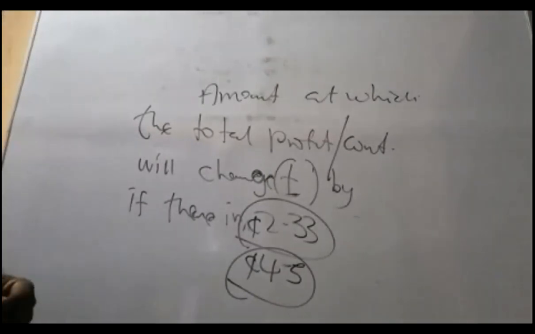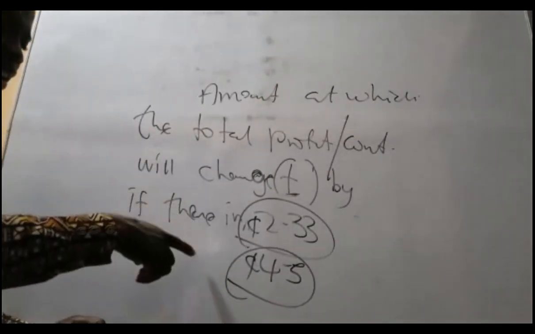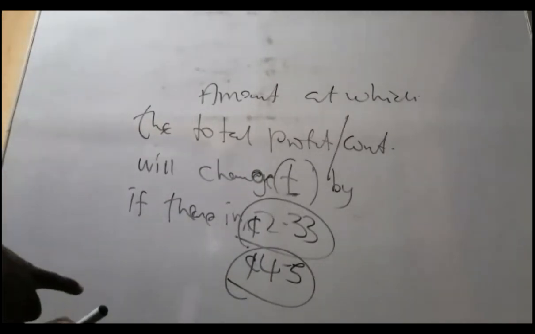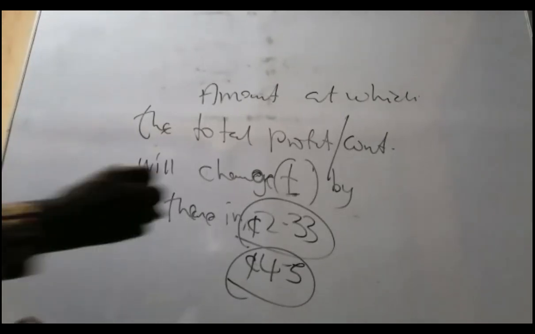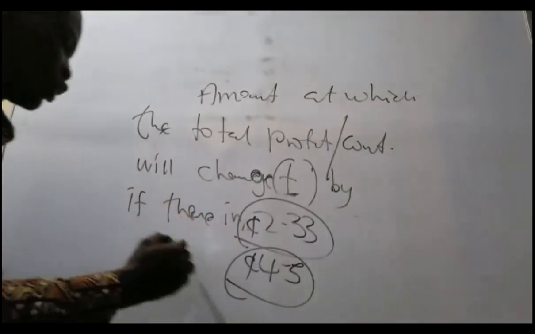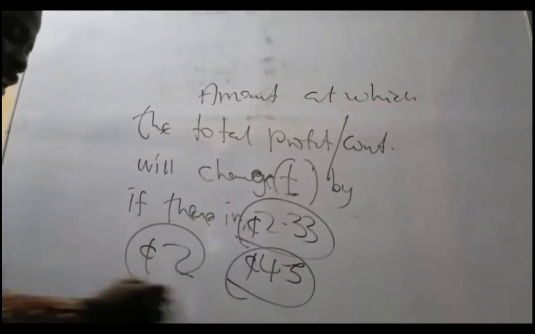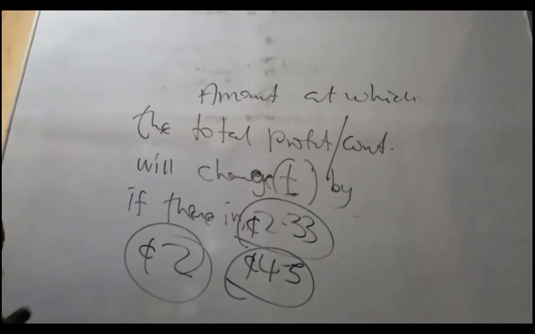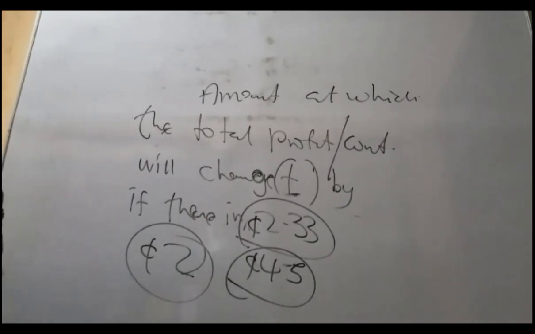Now the issue is this. There are 3 items that you have to compare. If you take the bench, what is the cost of the timber? Here, we are buying it at 2 cedis. That's the cost of the timber, 2 Ghana cedis.